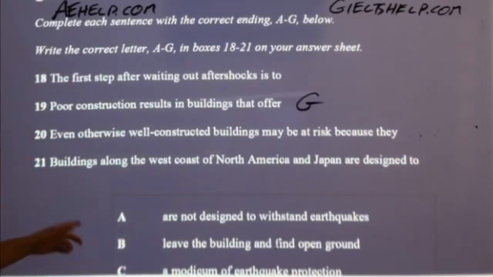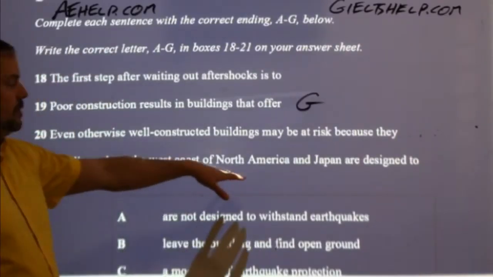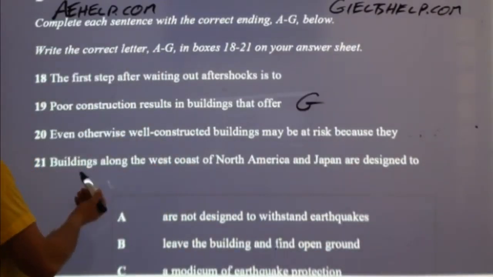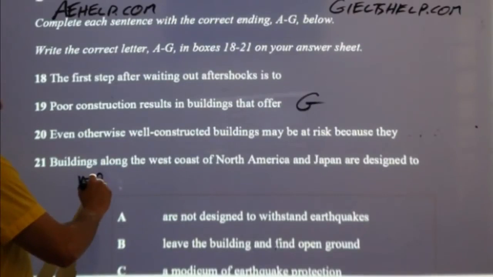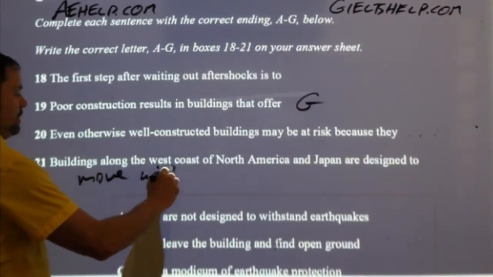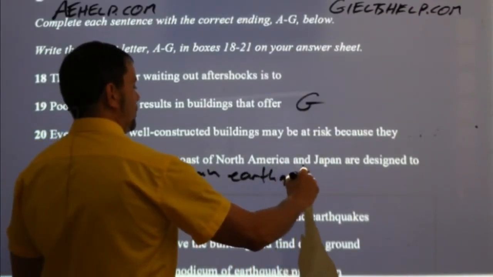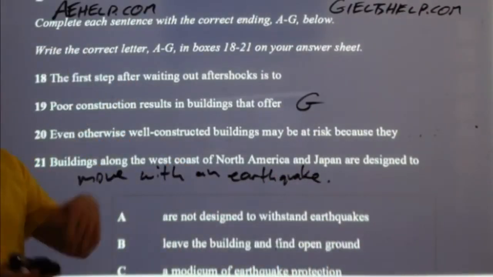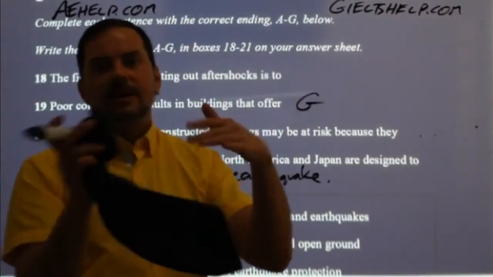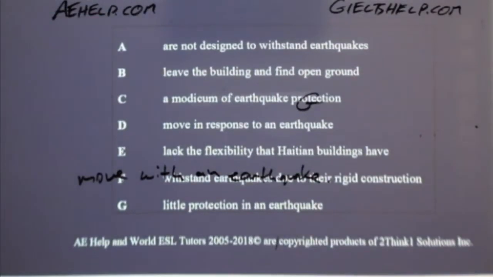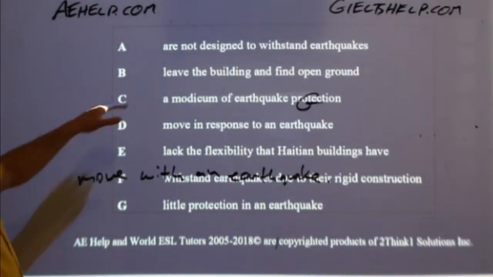Sounds good. All right, buildings along the west coast of North America and Japan are designed to move with an earthquake. Okay, so I remember picturing how those buildings can kind of move if there's an earthquake so that they don't fall down. Ferdowsian says withstand an earthquake. Sure. So let's see. Any one of those here, are not designed.